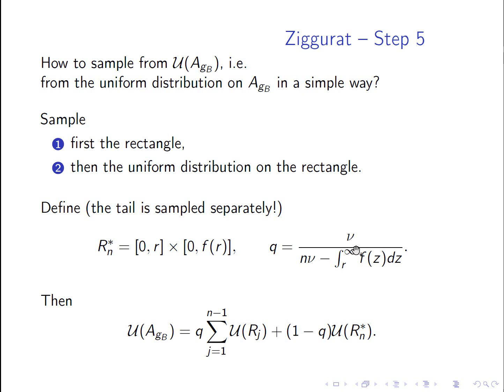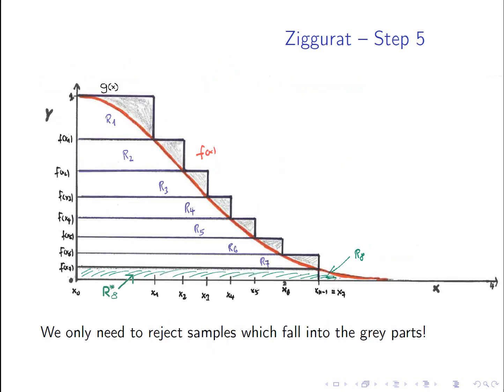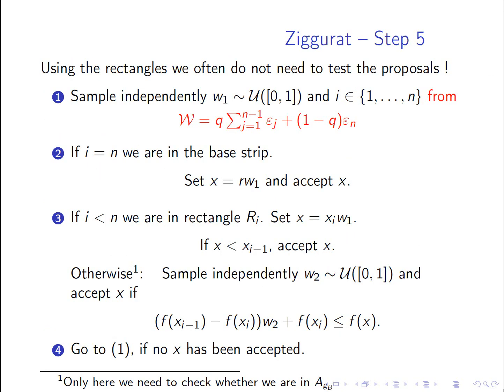And then we are proceeding as follows. We can write the uniform distribution on A_G^B in this way. It's a uniform distribution on R_j plus a uniform distribution on R star n times the corresponding weights. So we are picking R_j with probability Q, and R star n we are picking with probability 1 minus Q. Okay, and that's all we need for the fix.